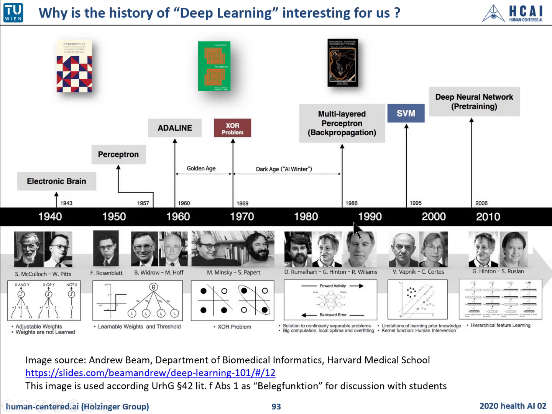The approach is based on the assumption that many aspects of intelligence can be achieved by manipulation of symbols, and this was actually an assumption defined as the physical symbol systems hypothesis by Alan Newell and Herbert Simon in the middle of the 1960s. One very popular form of symbolic AI was expert systems, and they used a network of production rules, and production rules connect symbols in a relationship similar to an if-then statement.